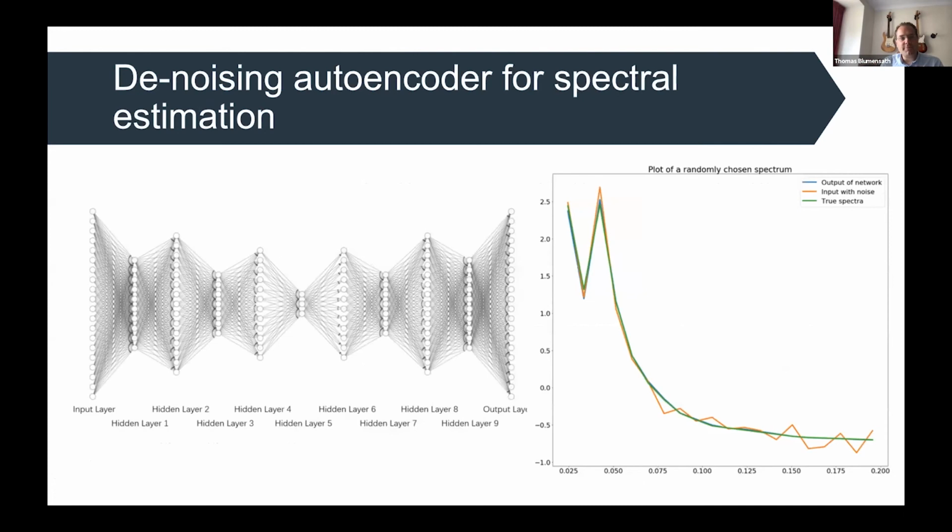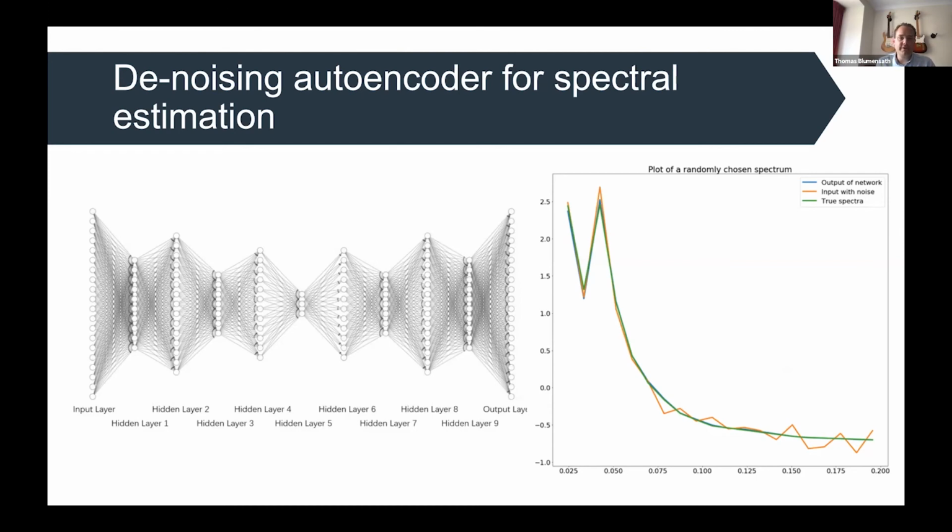Now, that's where machine learning can come in to further help us regularize things. Typical energy spectra have a certain shape, so we can train, for example, an autoencoder. Here we cut our spectra into 20 energy bins rather than 200.